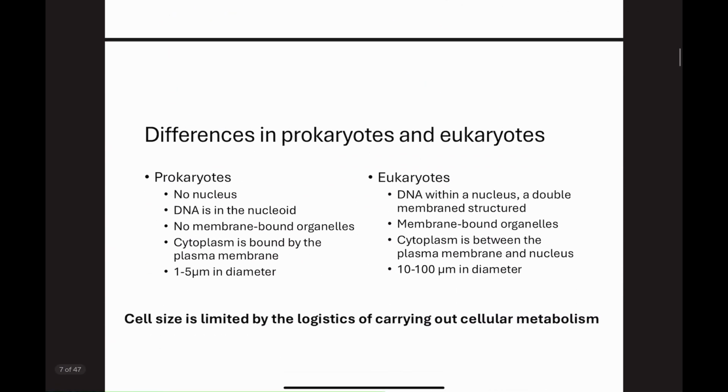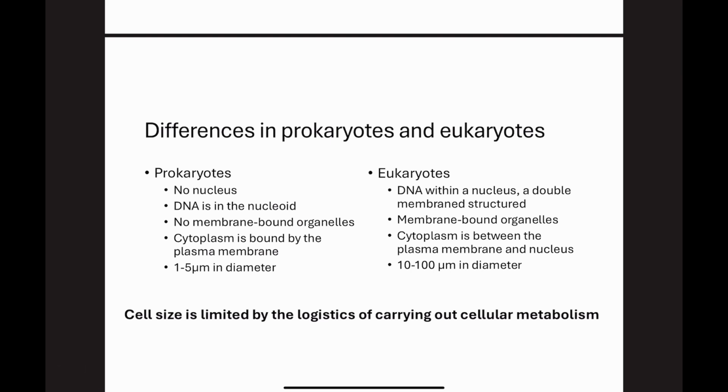So now that we covered the similarities between the cells, I want to point out their differences in more detail. Our prokaryotes do not have a nucleus. The DNA is going to be located in a region called the nucleoid instead of being inside of a membrane-bound nucleus.